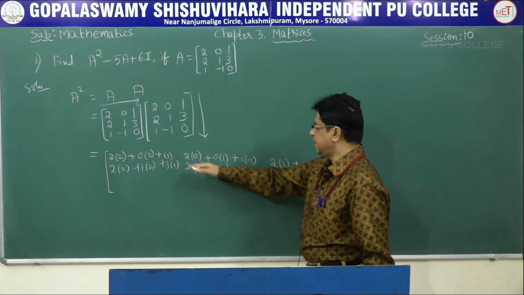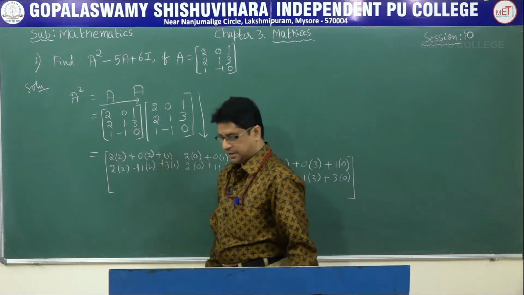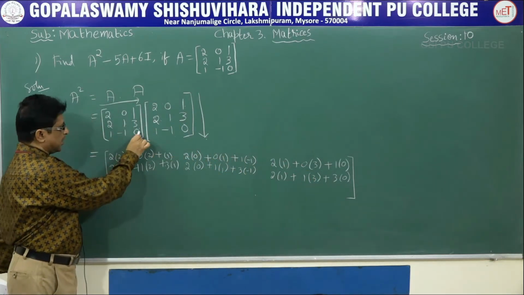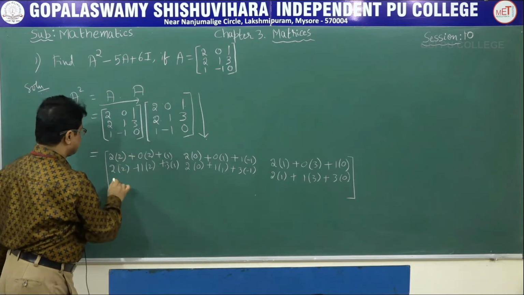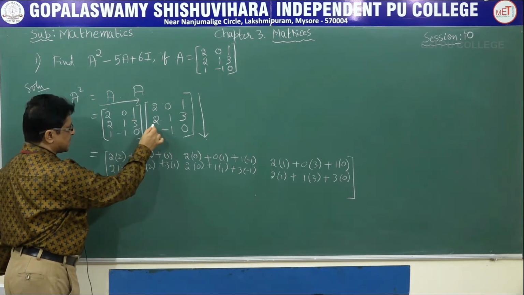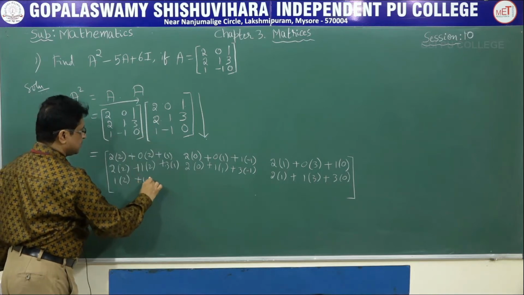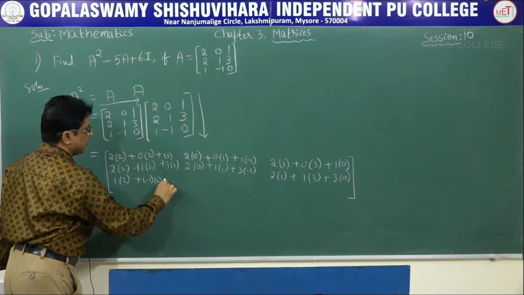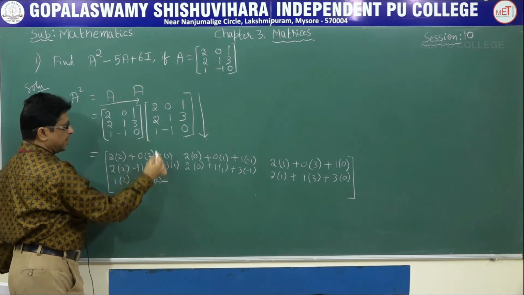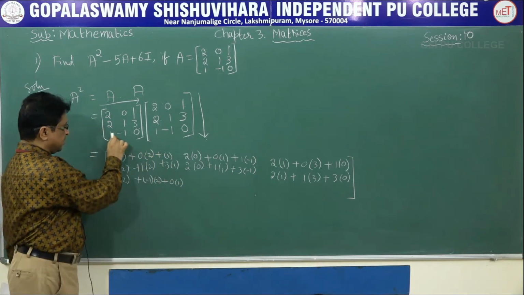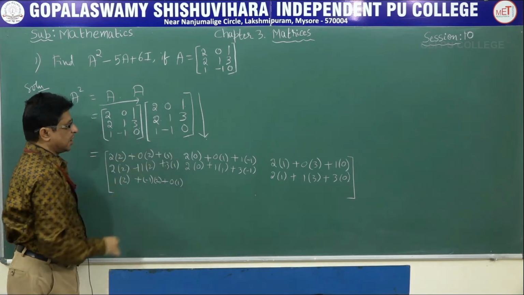Next we go for the next row, that is third row into first column. 1 into 2 plus minus 1 into 2 plus 0 into 1, that is third row into first column.